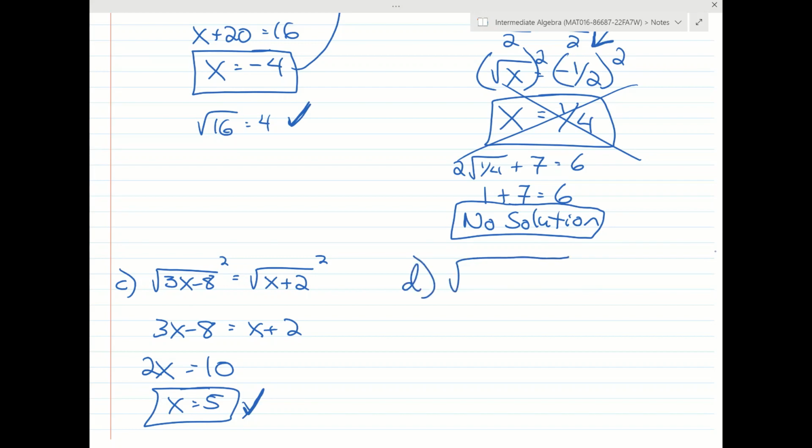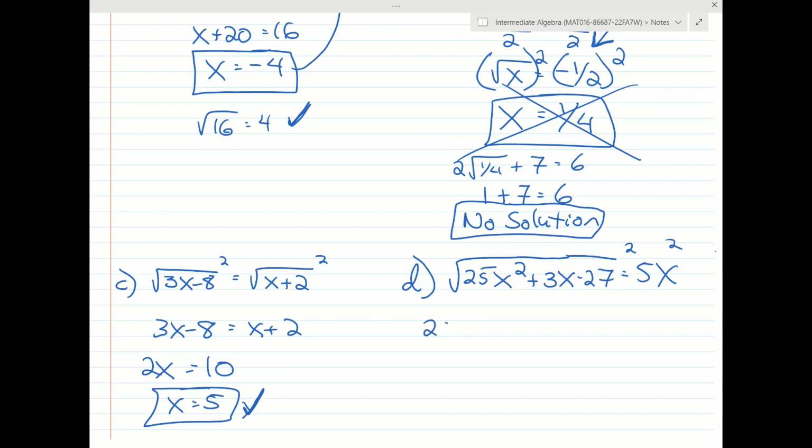How about the square root of 25x squared plus 3x minus 27 is equal to 5x? What we could do is just square both sides.